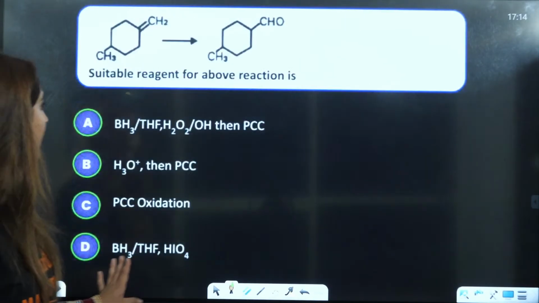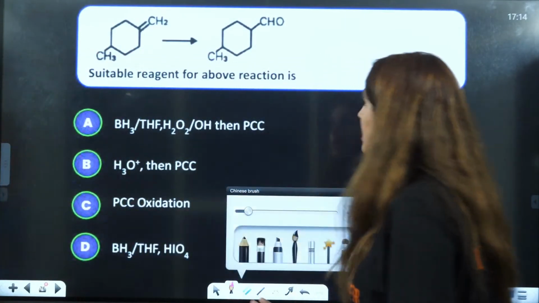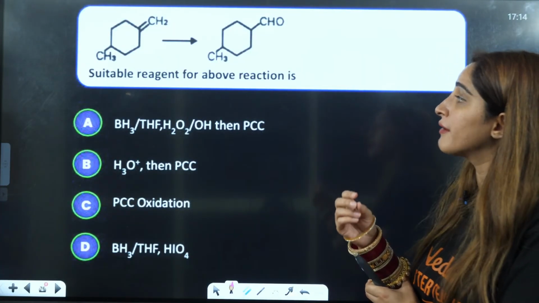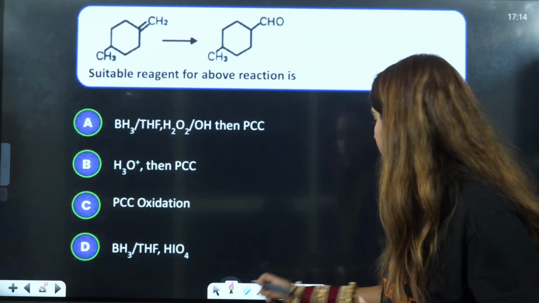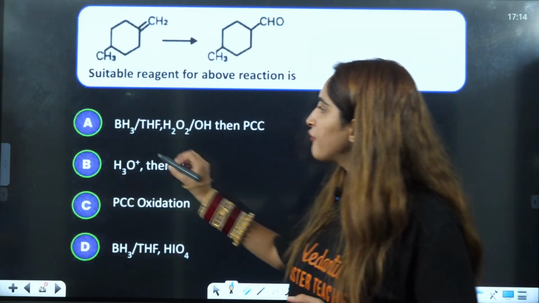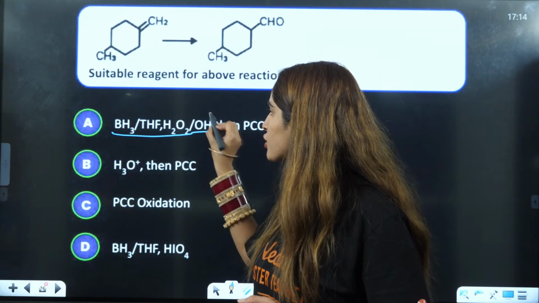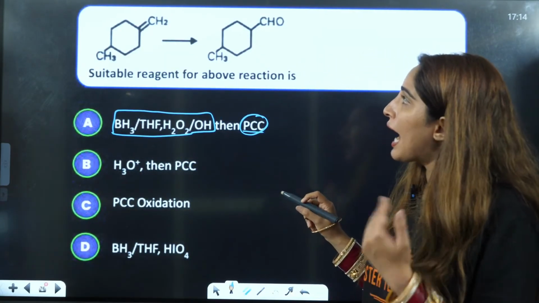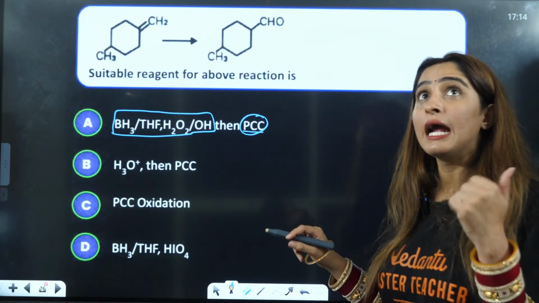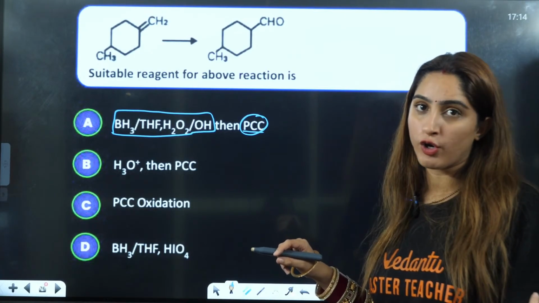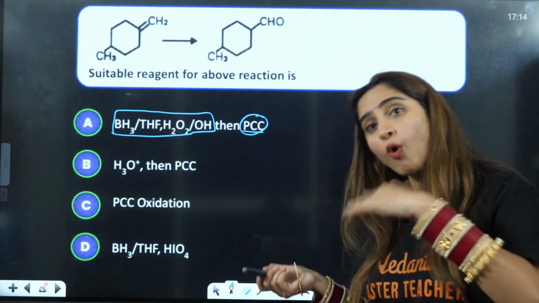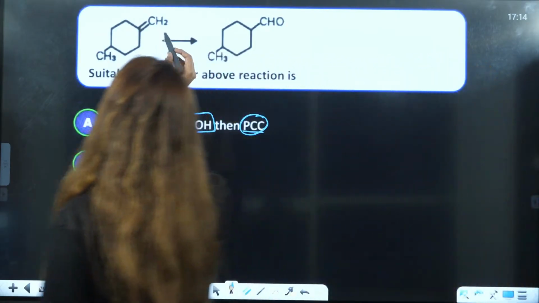Okay. Next is, you have a compound, they are saying which is a suitable reagent. Okay, few reagents are given to you. So simple is, see, if you add hydroboration oxidation, then PCC, which is a mild oxidizing agent. Hydroboration oxidation means it is going to give anti-Markovnikov addition, means the negative part will be attached to the carbon with more number of hydrogens. Okay, so this has more number of hydrogens.